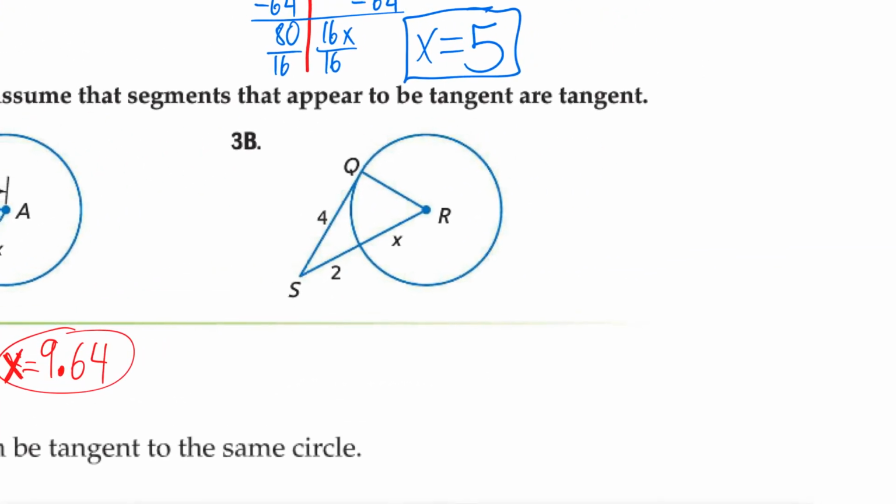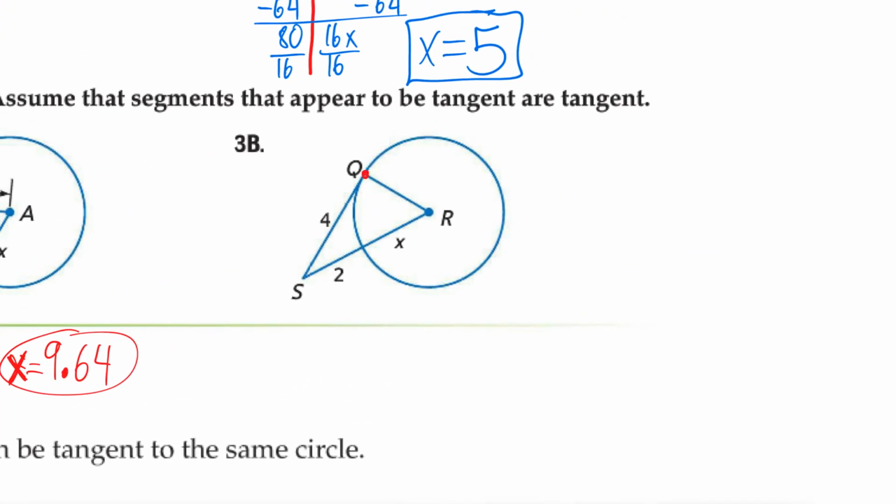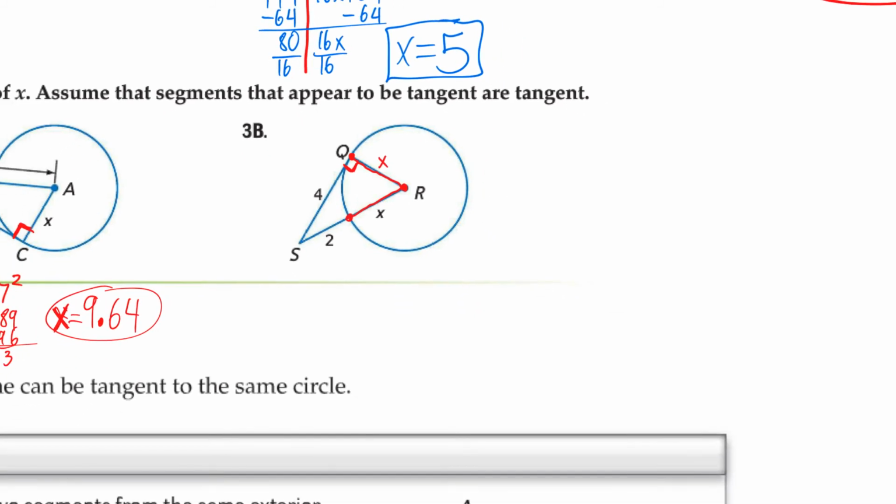Okay, next one. So how long is it from Q to R? It's x, the same thing as it is from here to here. Now remember again, this is where my 90 degree is. So what's going to be the length of my C? It's going to be x plus 2, right? All right, so A squared plus B squared equals C squared.